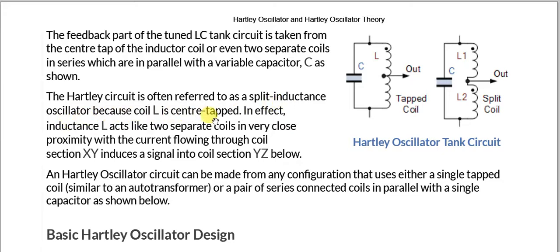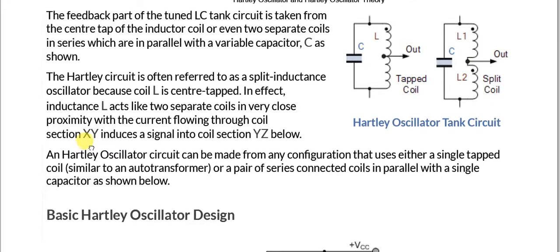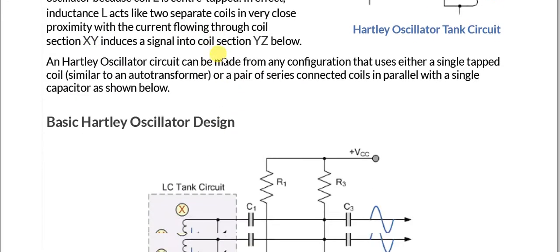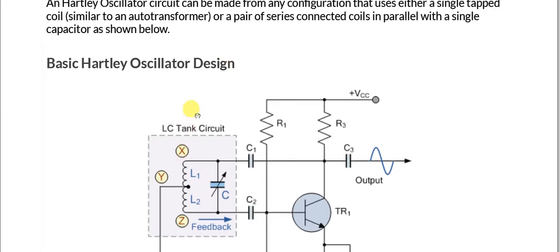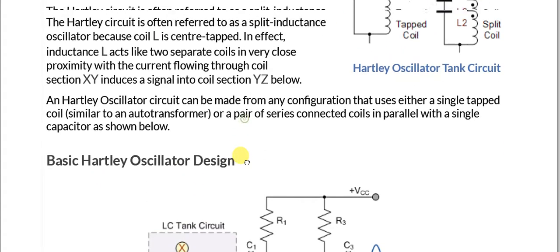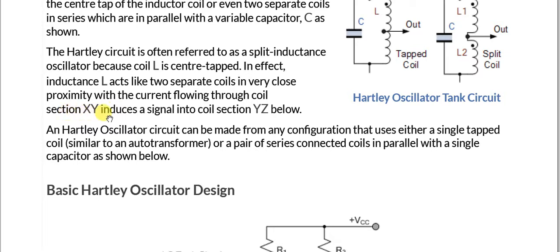In fact, the inductance L acts like two separate coils in very close proximity with the current flowing through the coil. Here in the basic oscillator circuit design, we will see that section XY induces a signal into the coil section YZ.